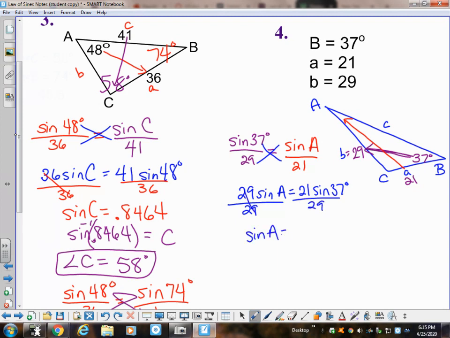Sine of angle A equals, when we take that 21 times sine of 37 degrees and divide it by 29, we get 0.4358. So then we are going to sine inverse that, and A is going to end up being 26 degrees.